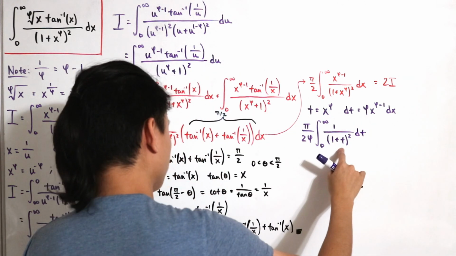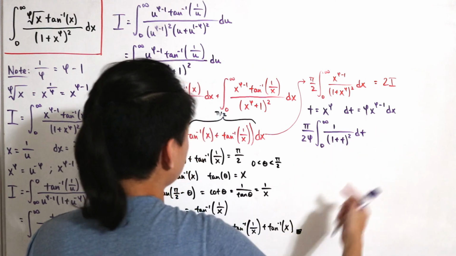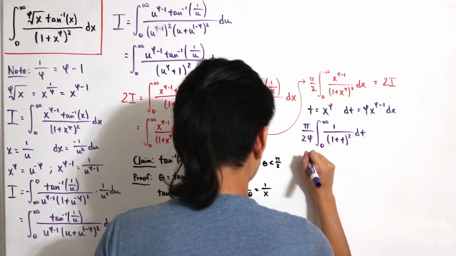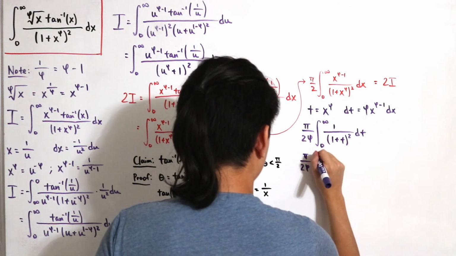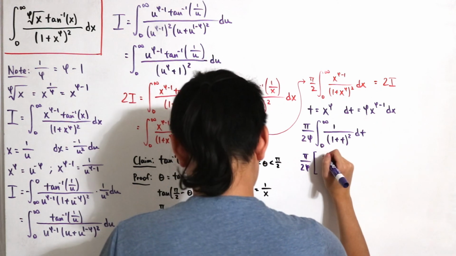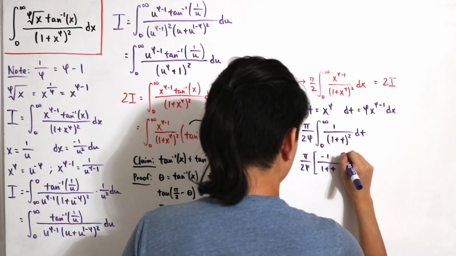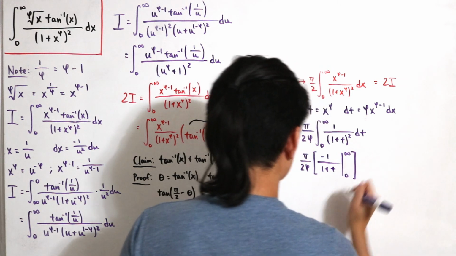This is actually easy to show, just do another u-substitution, let u equal 1 plus t, then du is equal to dt, and you'll see that this is just, I'll write the constant from outside, and then this is just negative 1 divided by 1 plus t, and then evaluate your bounds from 0 to infinity.